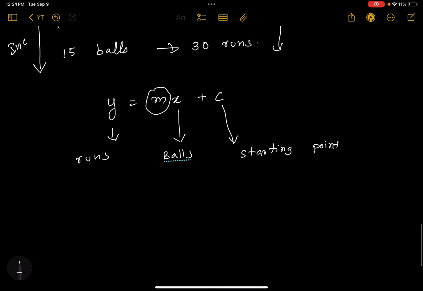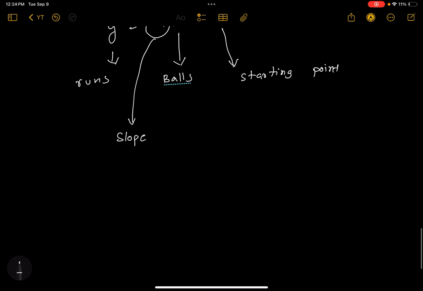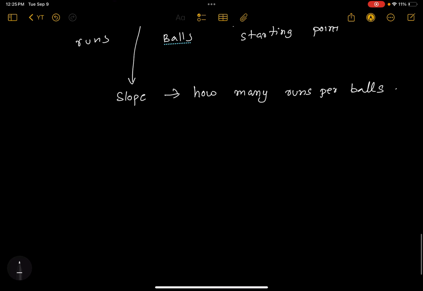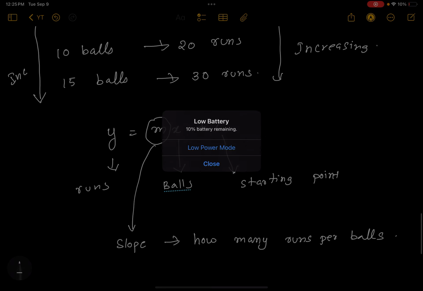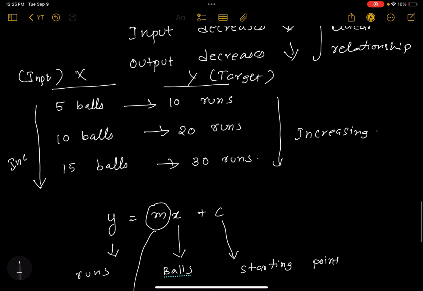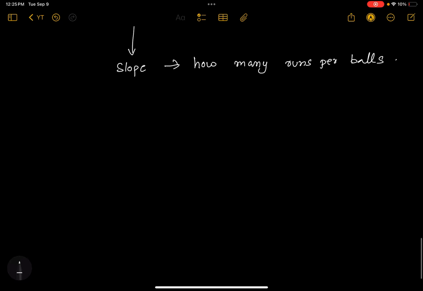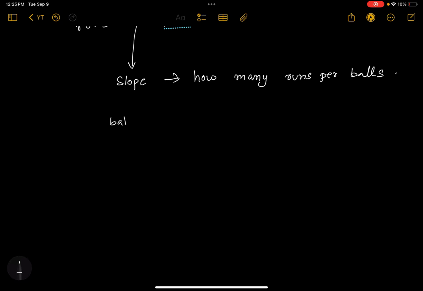M is the slope. What is slope? It is simply how many runs per ball I'm scoring. See? In this example, balls are 5, runs are 10.